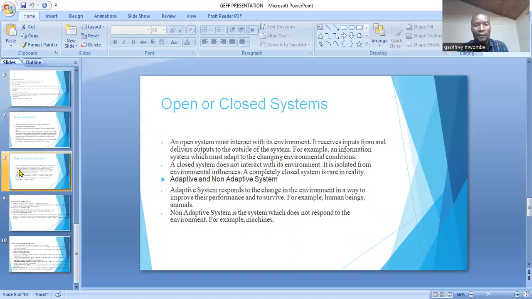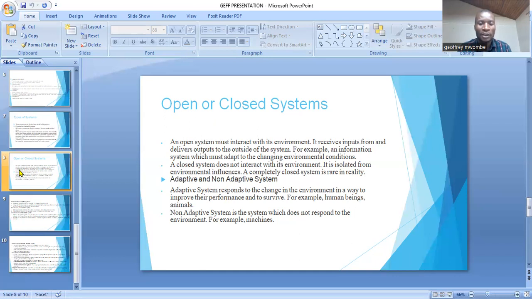For example, an information system which must adapt to changing environment conditions. Whereas a closed system does not interact with the environment. It is isolated from the environment influences. A completely closed system is rare in reality.